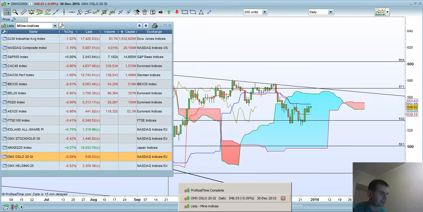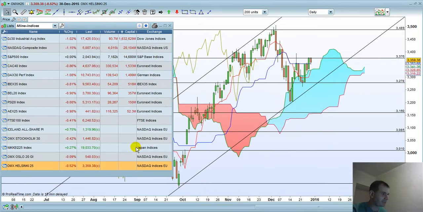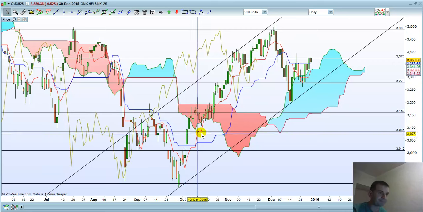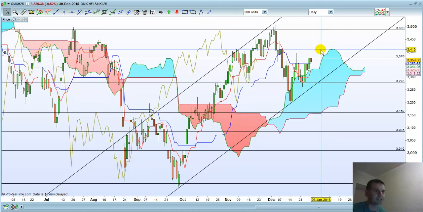So next index is OMX Helsinki 25. What can we see here? The price is over the cloud, but it is, as you can see, within the cloud's shadow. This is the cloud's shadow, and price is within this cloud's shadow.